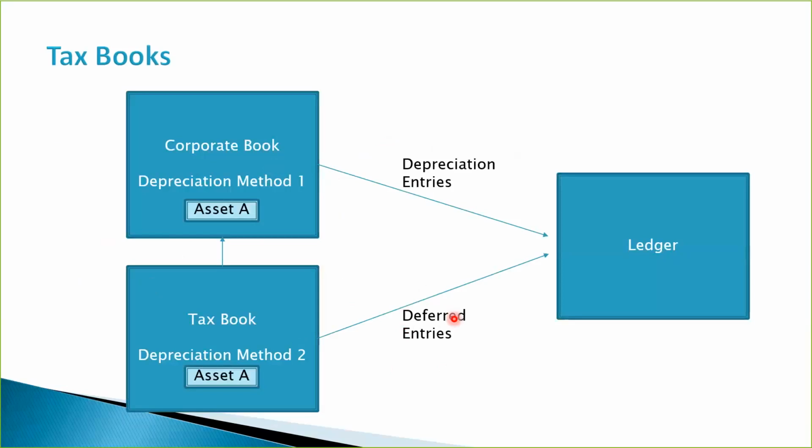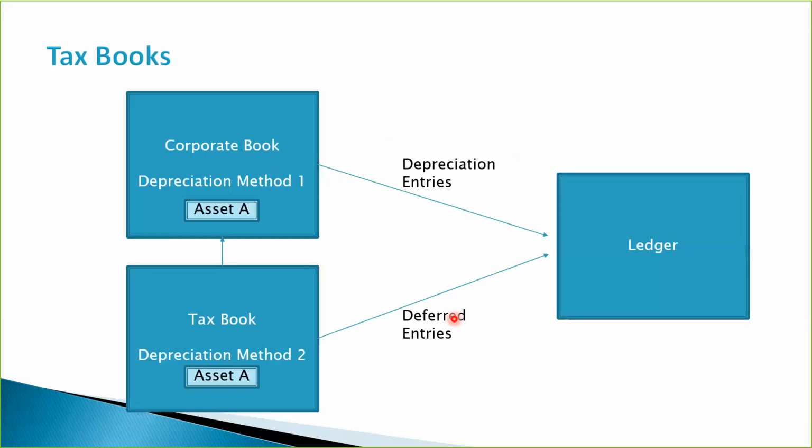So that is going back to why maybe a company will want to have a tax book with a different depreciation method, so that they can reduce their tax liabilities for a particular period, or maybe during its initial life when the company is just starting. They don't want to pay too much tax, right?